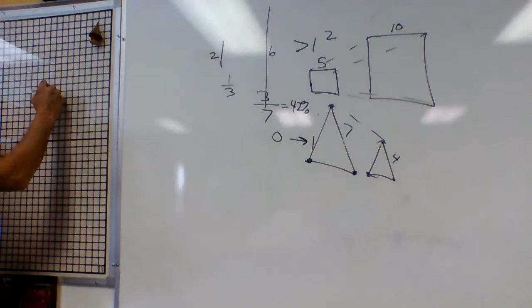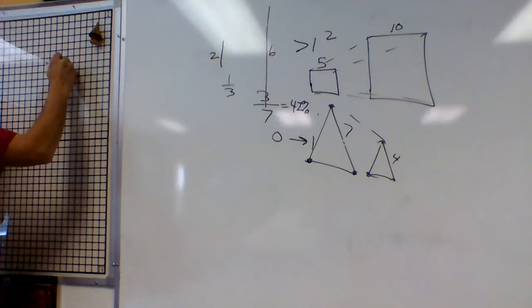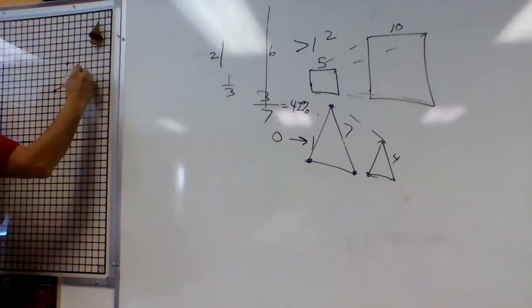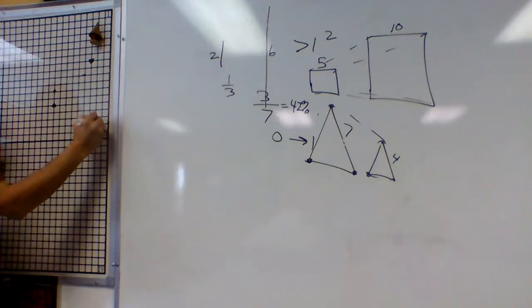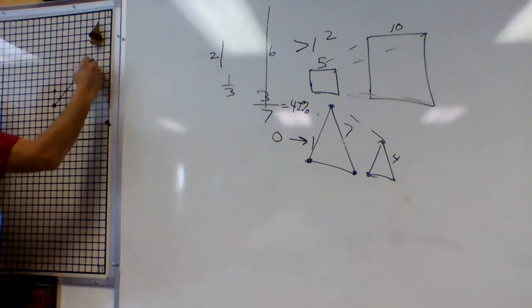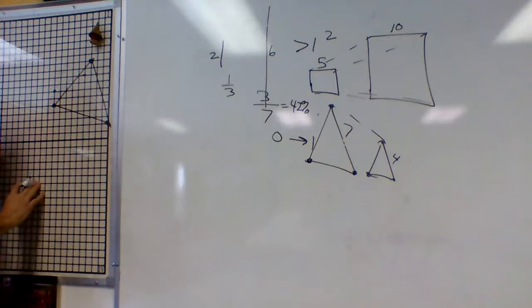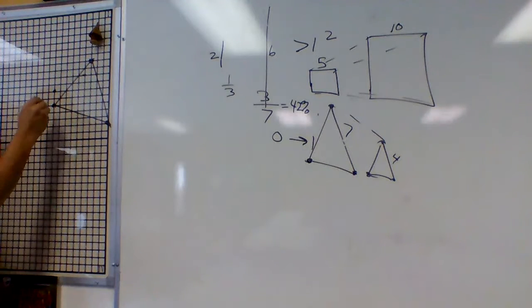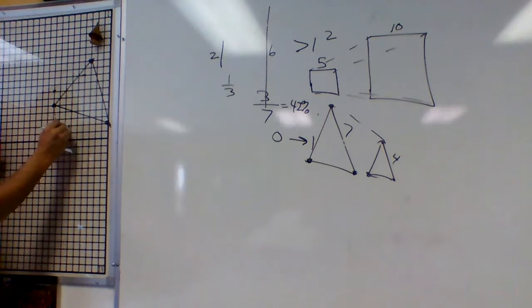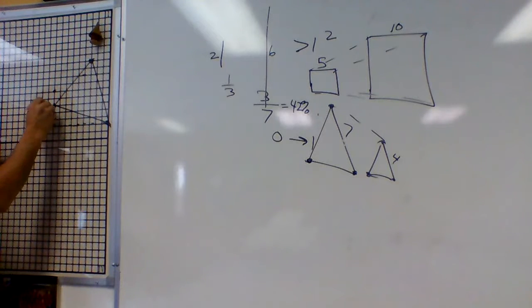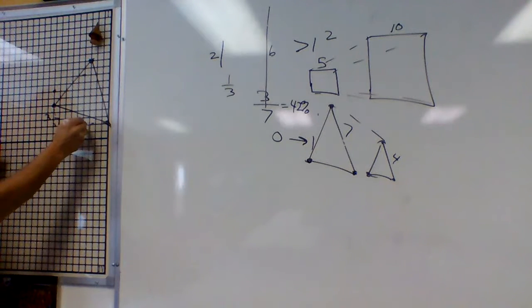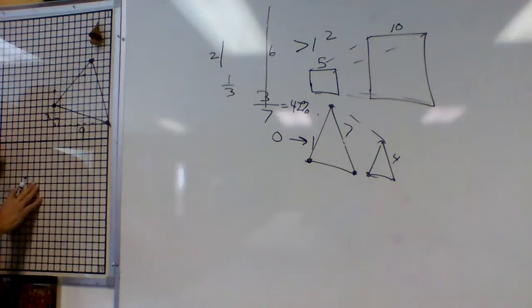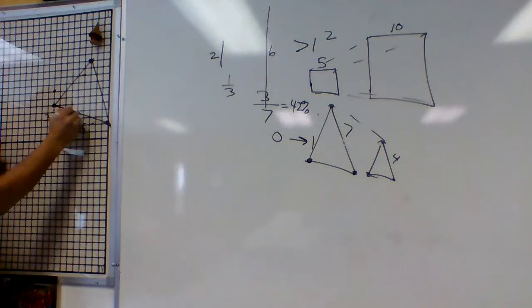So if we have a figure here, let's make it a little bit bigger. We're trying to find our distance from here to here. We can use our Pythagorean theorem to find this distance. This is 3, and this is 9. This is going to be the hypotenuse.